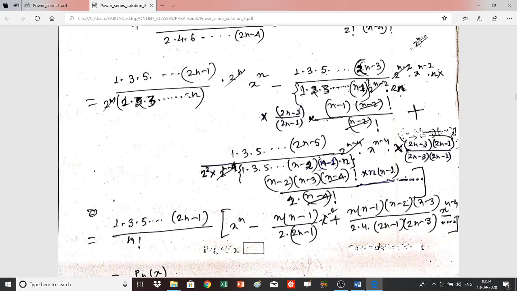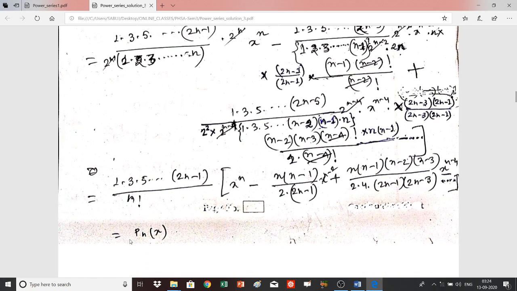So here you can write 2 into 4. Okay, no problem. And then 2n minus 1 first, and then 2n minus 3, and x to the power n minus 4, and all other terms. So we finally obtain this relation, and you see that this is nothing but the polynomial of the first kind, that is Pn(x).